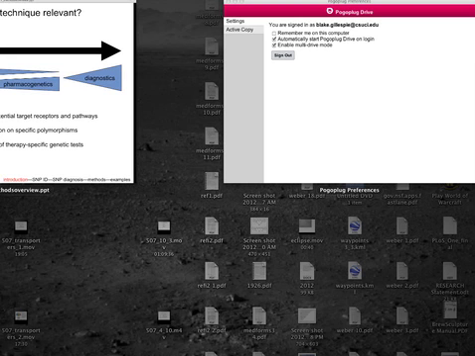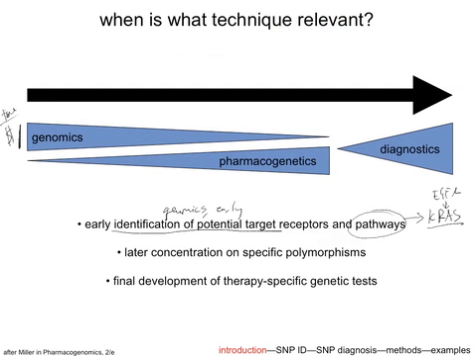In any case, early on, we spend time identifying our receptors and the pathways in which they're involved. But later, we'll spend our time identifying polymorphisms, and that's where our pharmacogenetics comes in. And of course, we've talked about how drug metabolizing enzymes and transporters are relevant, especially at least to the small molecule set of drugs that we've considered relevant to the disposition of the drug.